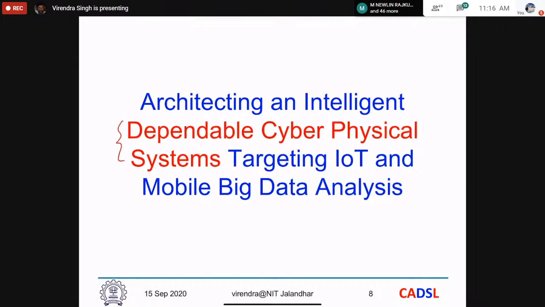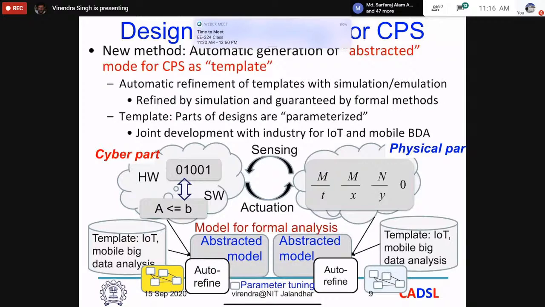Now, how to architect a big system, that's a challenge. So, what we want here is maybe I will give you a glimpse of this, and then we will discuss more about the detail inside that here, how we can do.